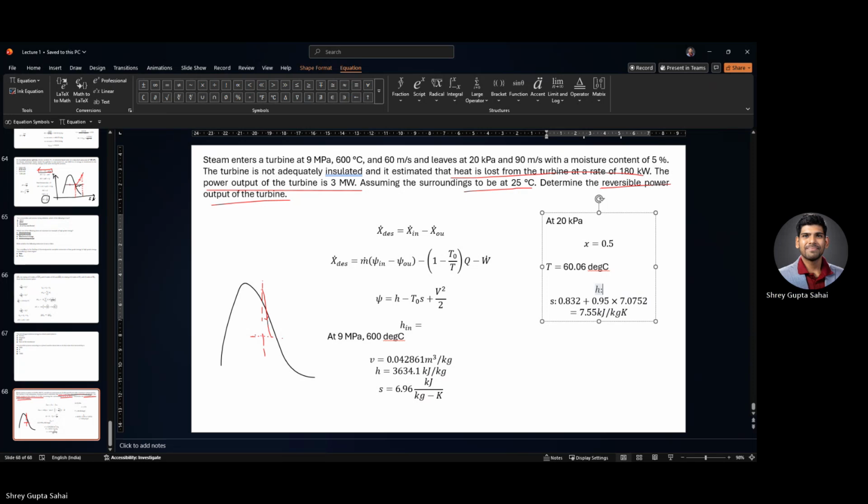H is actually 2491.045 kilojoules per kg.